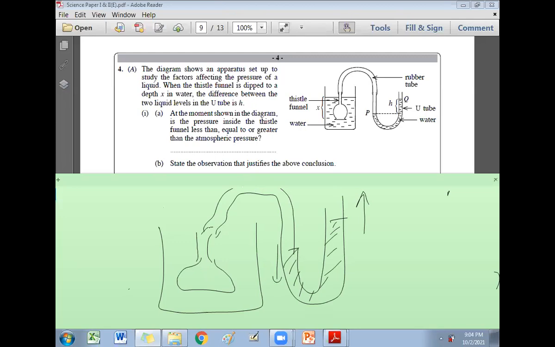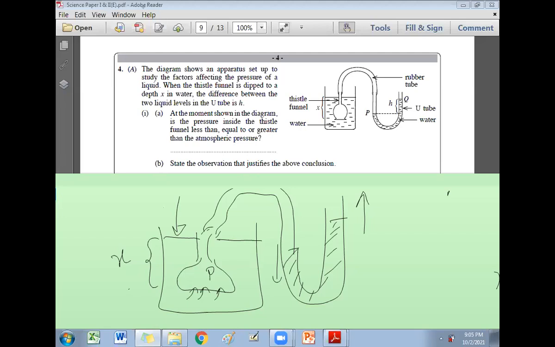Now, the problem is the pressure. I put P for the pressure inside the funnel. They have given the height X. So the total pressure acting on this funnel will be equal to the atmospheric pressure plus the pressure caused by the liquid. I think they have given a symbol for atmospheric pressure. Psi, right?